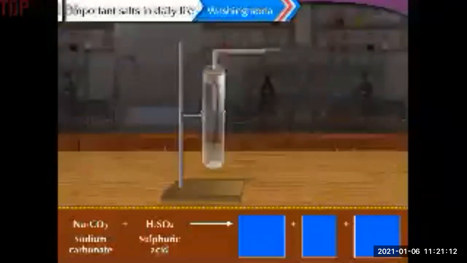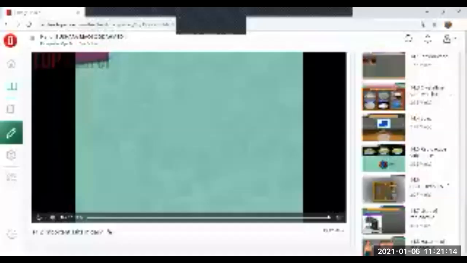We use a variety of salts which contain water of crystallization. Alum, borax, Epsom salt, barium chloride, sodium sulfate, and blue vitriol are some of the substances we use in our daily life which contain water of crystallization. Let us collect more information about the properties and uses of these substances.